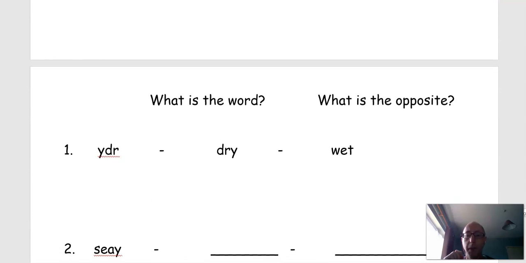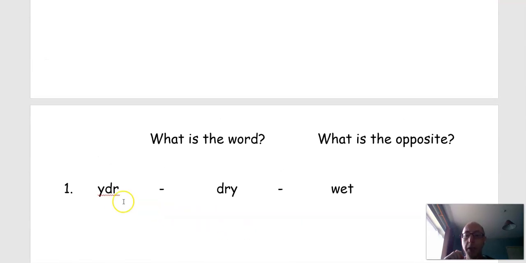Let's do a little bit more practice. We have some of the opposite words we've looked at, but the letters are mixed. We have to find the letters. So we have Y, D, and R. Change the letters and we get dry. This is dry. What's the opposite? Wet. Dry and wet.